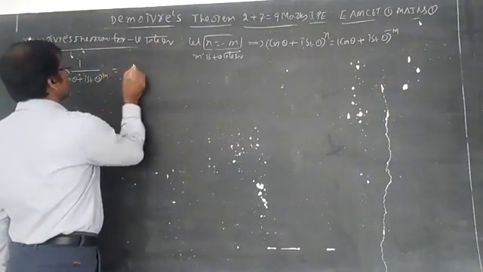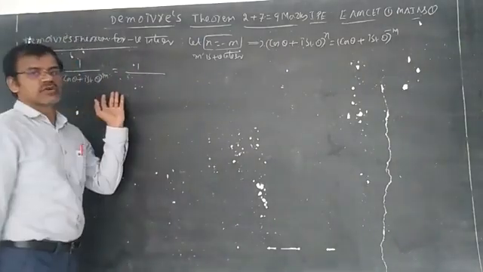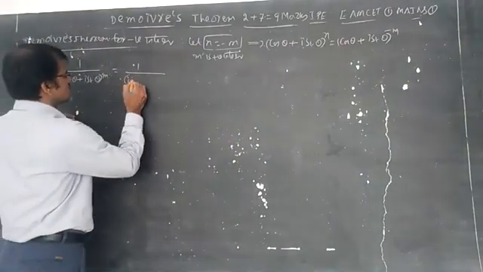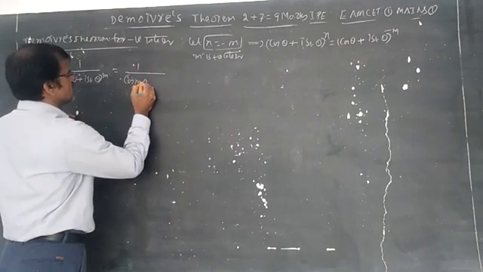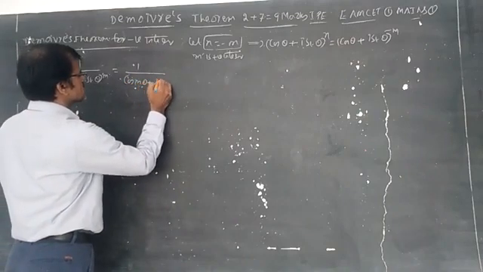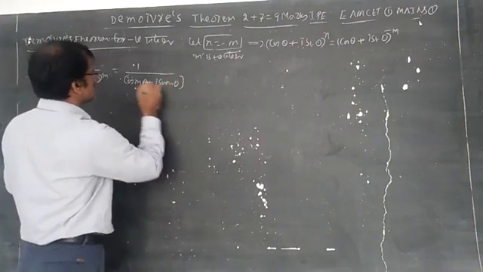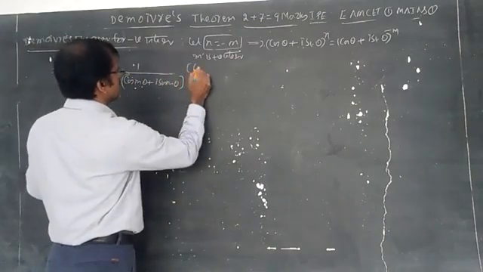For the De Moivre theorem, with n or m or anything, we can write cos m theta plus i sin m theta like that.